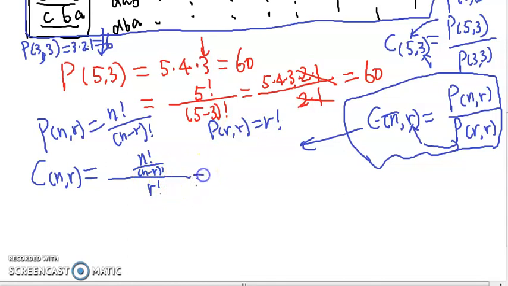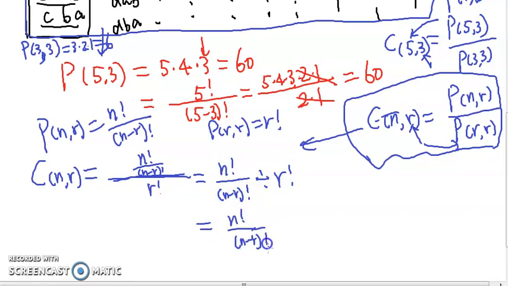Now we use a little bit of algebra. The top divided by the bottom means, let me rewrite this using the traditional division symbol, divided by r factorial. And using the property of fractions, we use keep, change, flip.